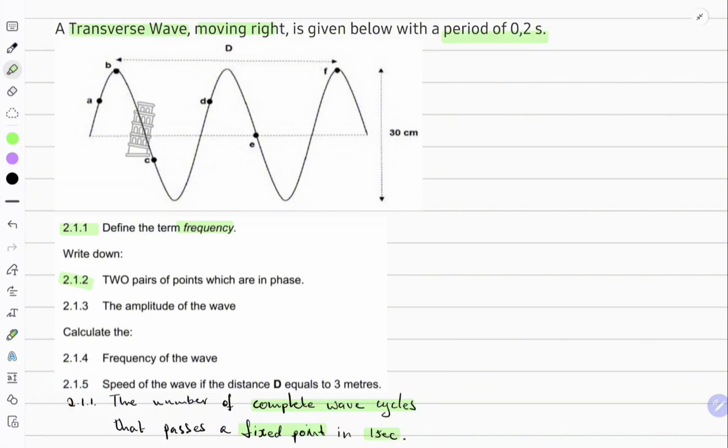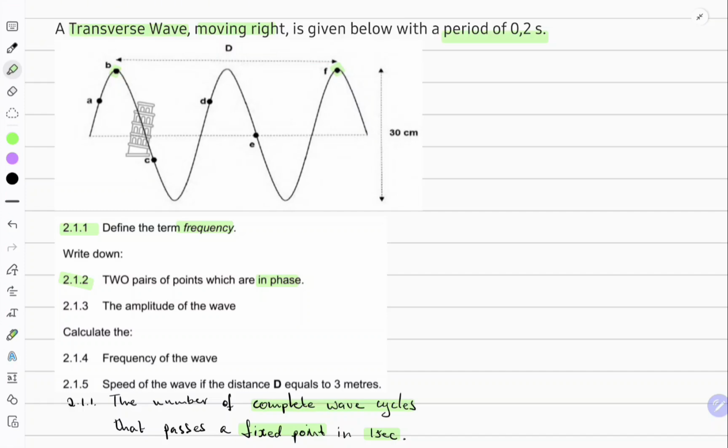So moving on to the next question. Two pairs of points which are in phase. So I want us to discuss what it means when they say 2 points are in phase. Let's pick a random pair of points. Let's say B and F. Are these 2 points in phase?